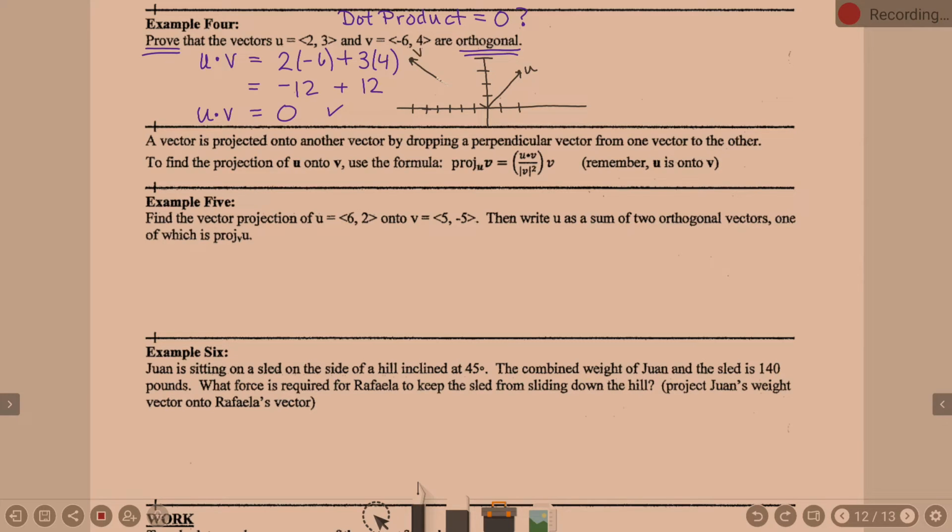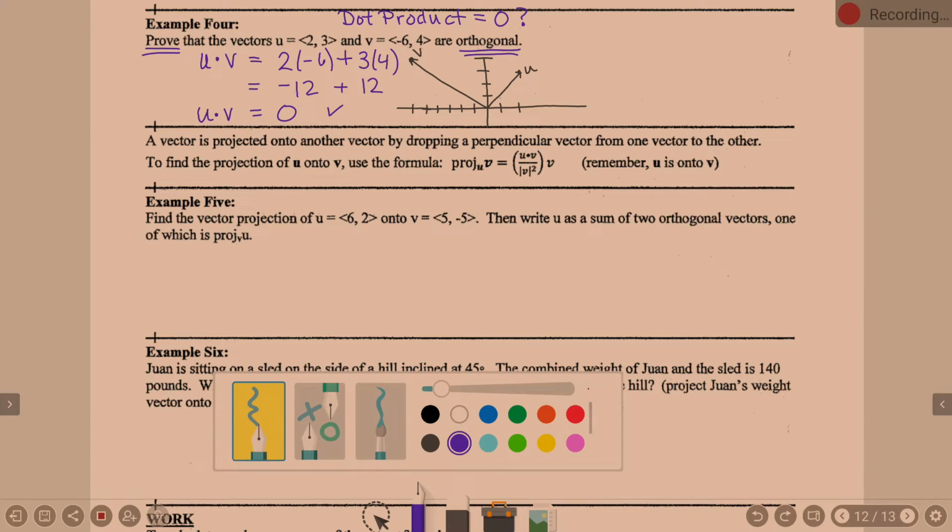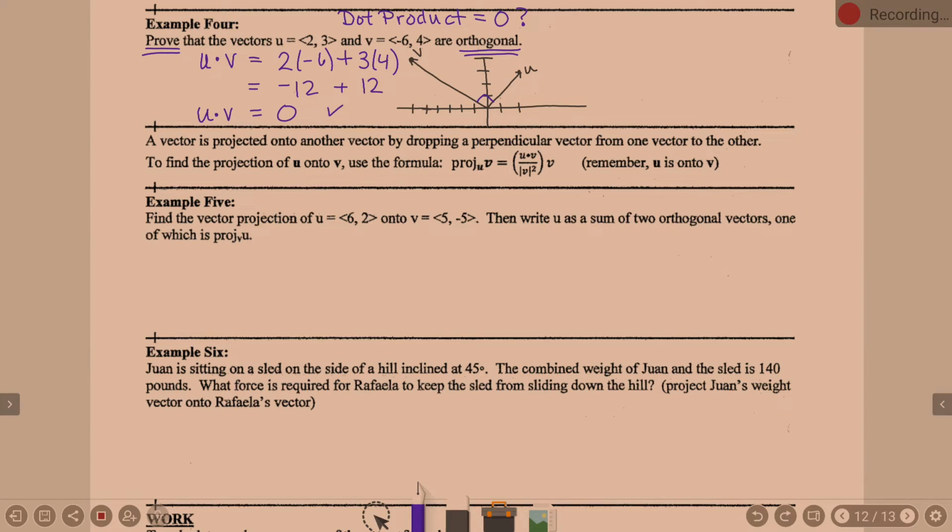What do you think? Do they look orthogonal? Or in other words, do they look like they form a perpendicular angle? That looks pretty right angle-ish to me. So with that in mind, that's kind of our check.